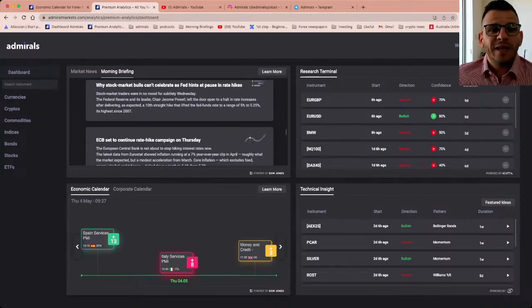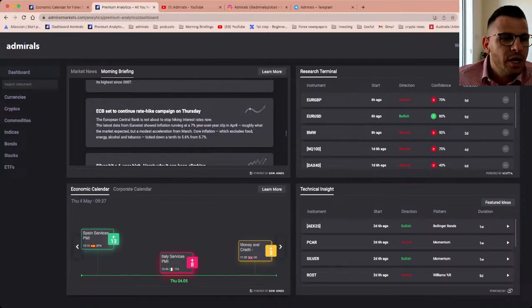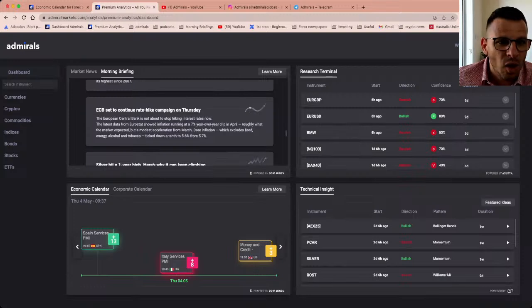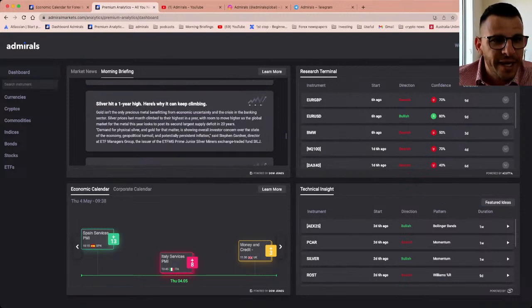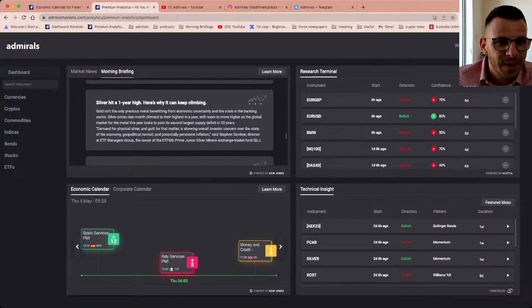Why stock market bulls can't celebrate as Fed hints at pause in rate hike. It's interesting to read if you want. European Central Bank set to continue rate hike campaign on Thursday, it means today. Silver hit a 1-year high. Here is why it can keep climbing.